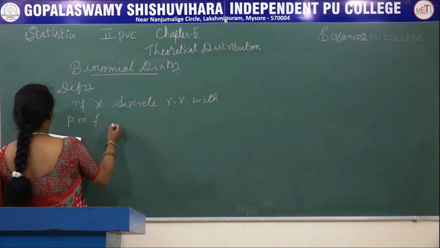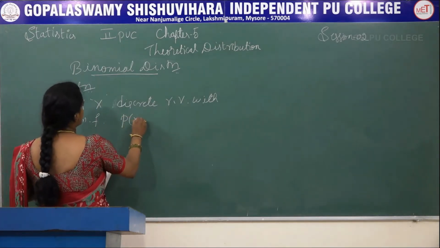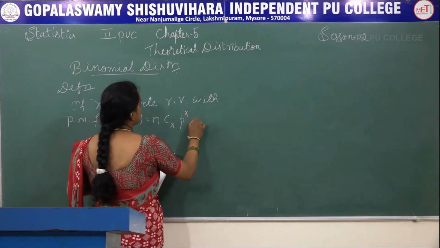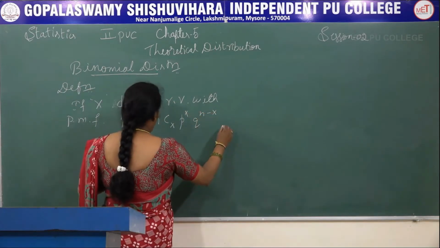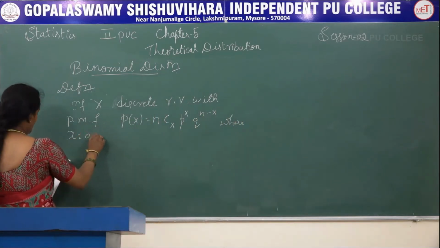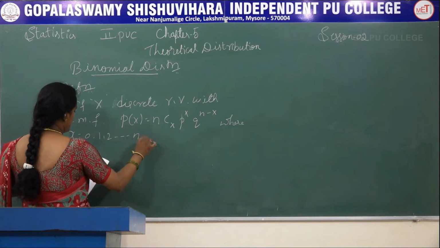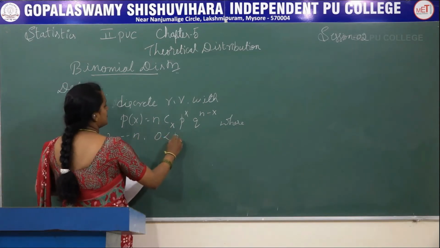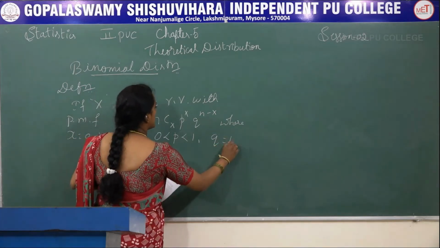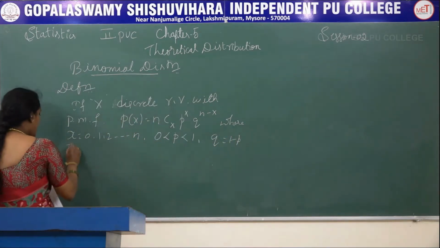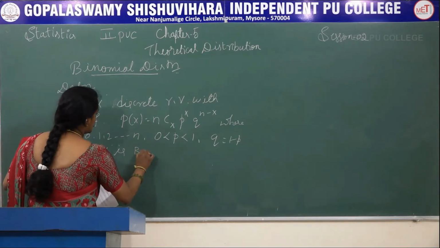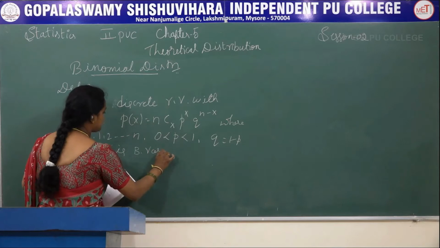If the probability mass function of this is P of x equals nCx p power x q power n minus x, where x takes the values 0, 1, 2, up to n, and this p will always lie between 0 to 1, q is 1 minus p, then x is a binomial variate.